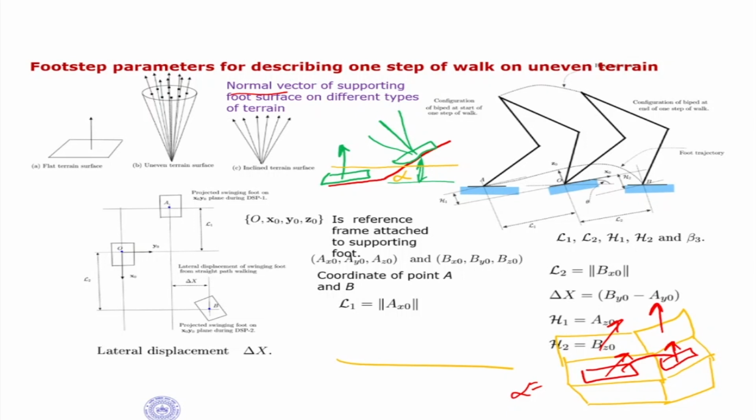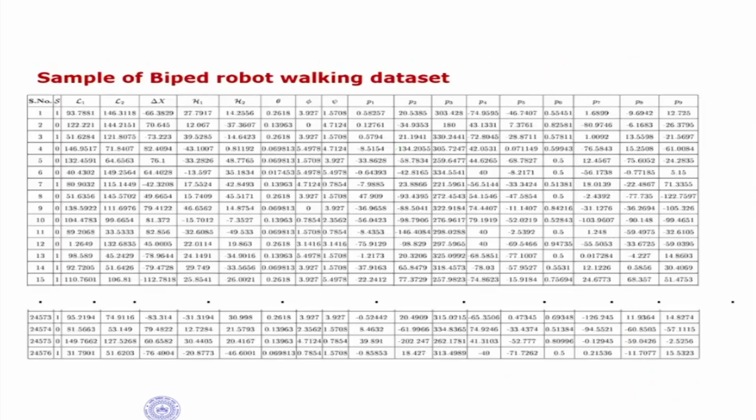Okay, now in this particular case, we make a very, very big database. That means you start finding optimal trajectories, optimal leg and foot trajectories, for different terrain conditions.